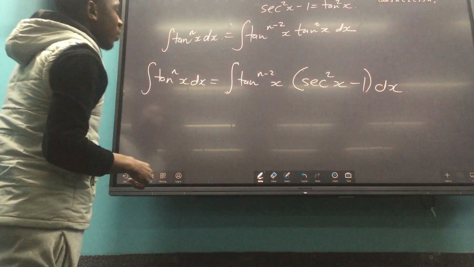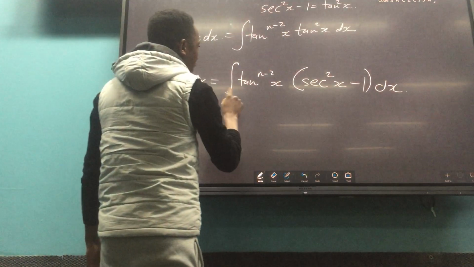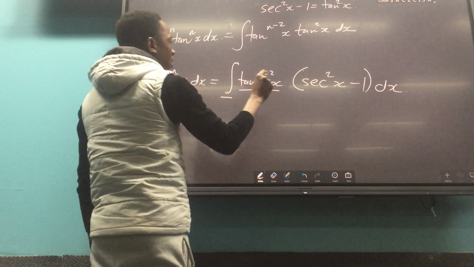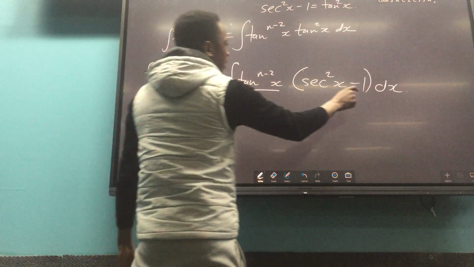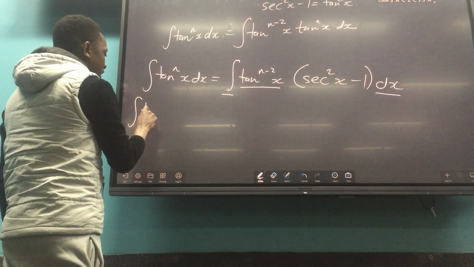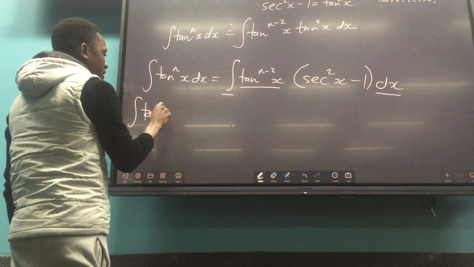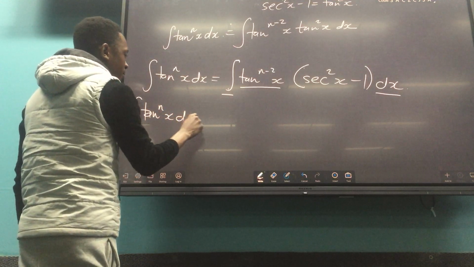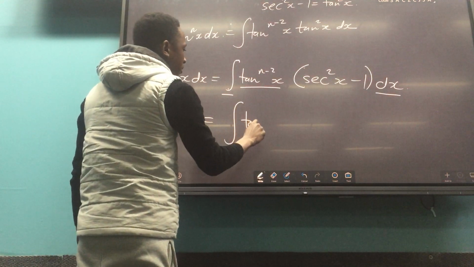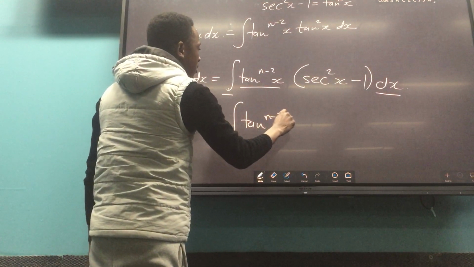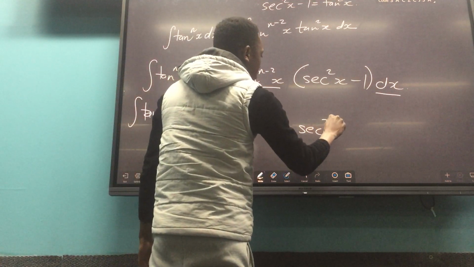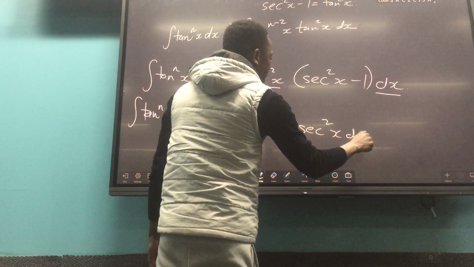Now we're going to multiply that bracket with the integral sign, the tan to the n minus 2 of x and the dx. So we get the integral of tan to the n of x dx equals the integral of tan to the n minus 2 of x sec squared of x dx.